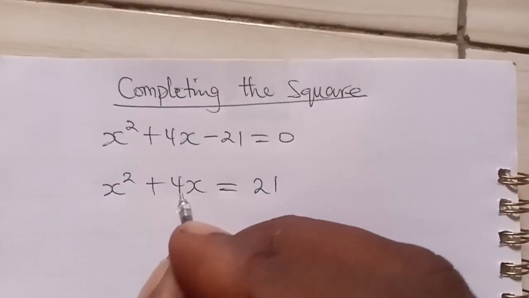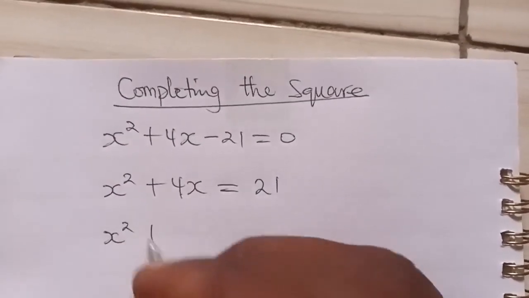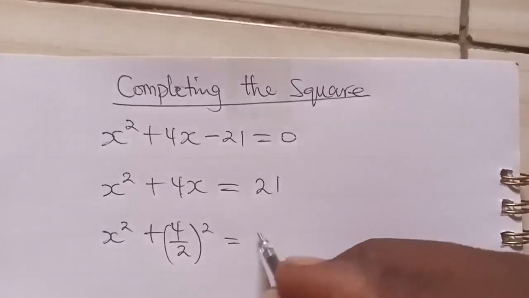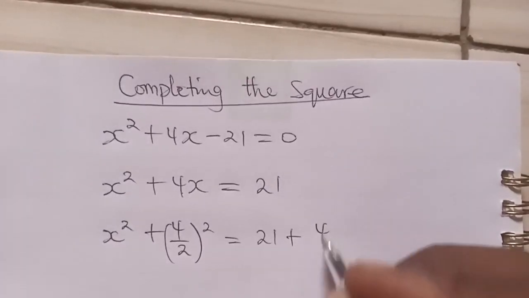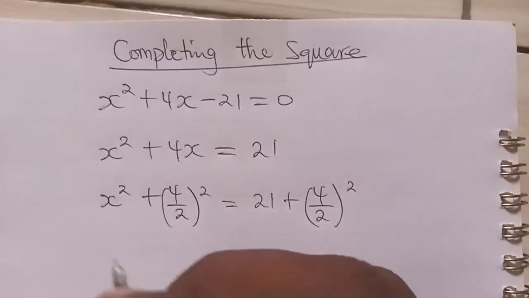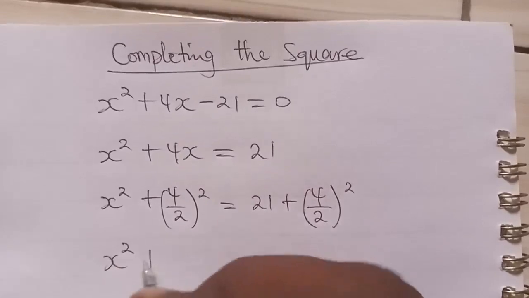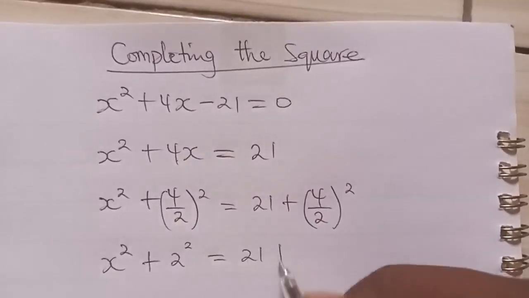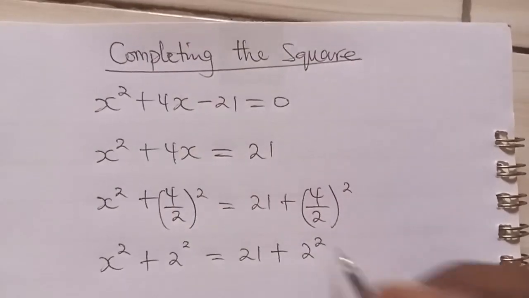Now the coefficient of x is 4. So we'll divide it by 2 and say x squared plus 4 over 2 squared equals 21 plus 4 over 2 squared. So here we have x squared plus, this is 2 squared, equals 21 plus 2 squared.